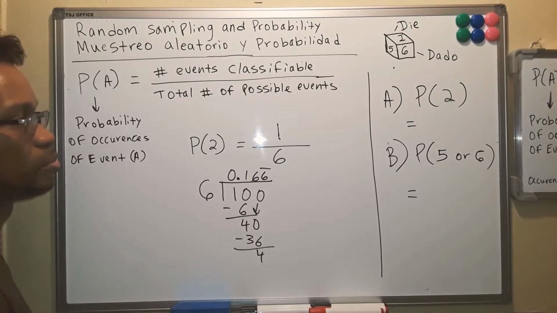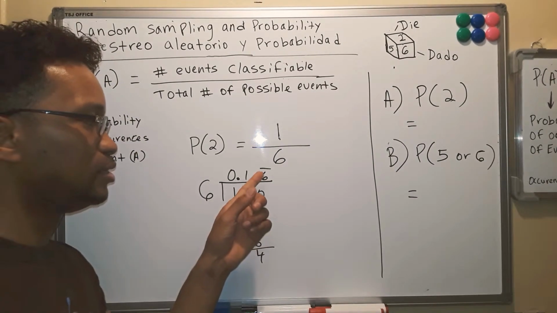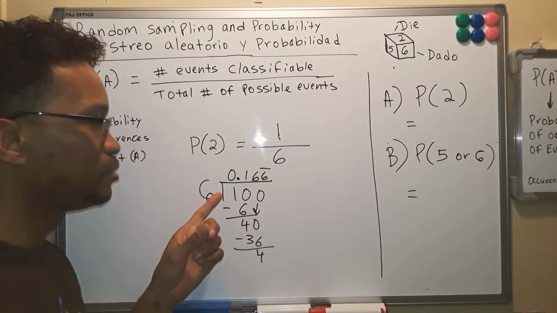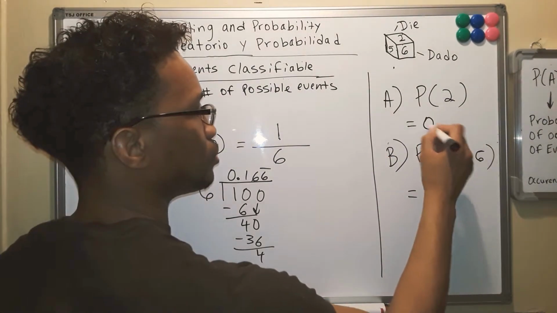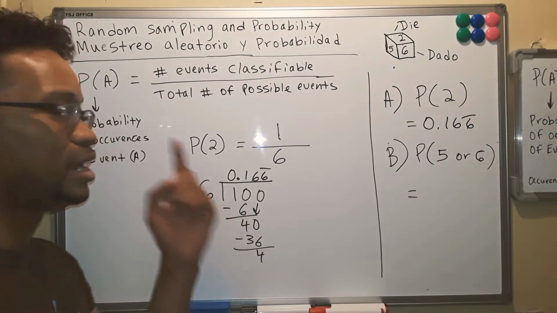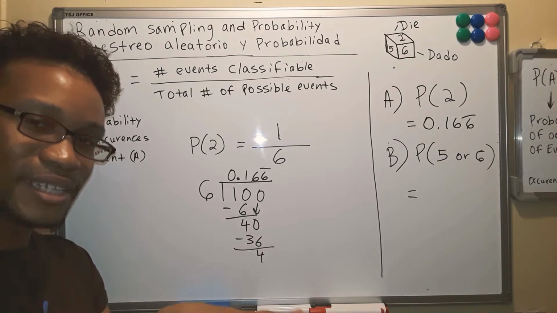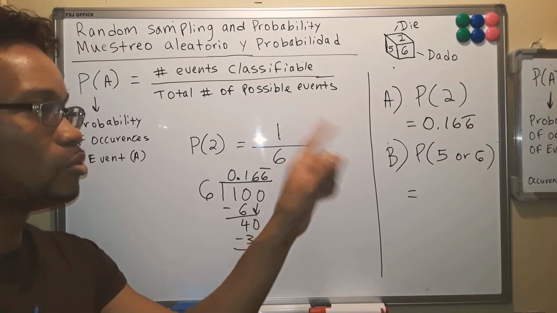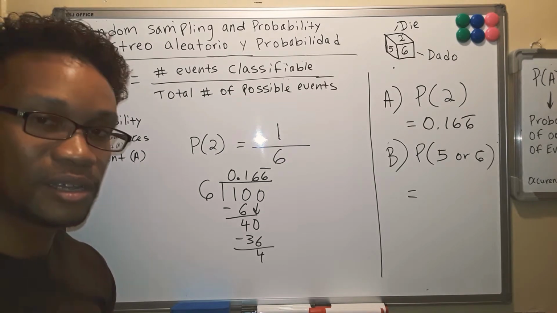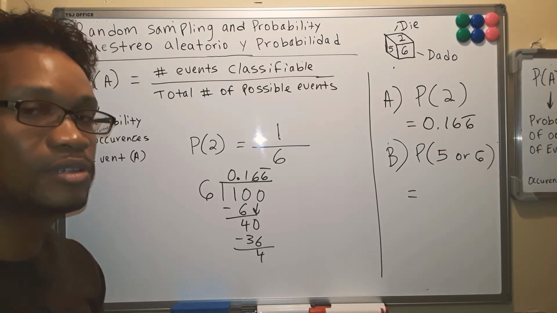So the probability of 2 being faced up is actually 0.166. Y esa línea significa que es un número que no termina. So the line on top is a non-terminating decimal.